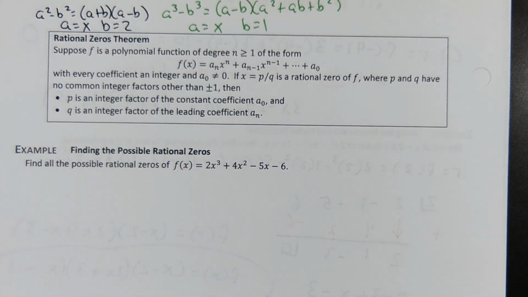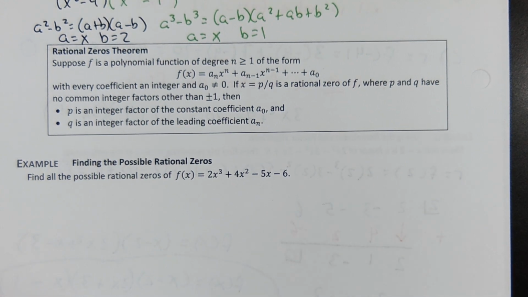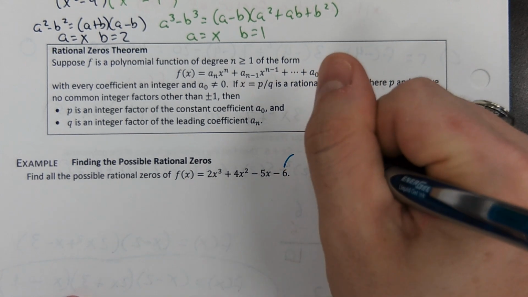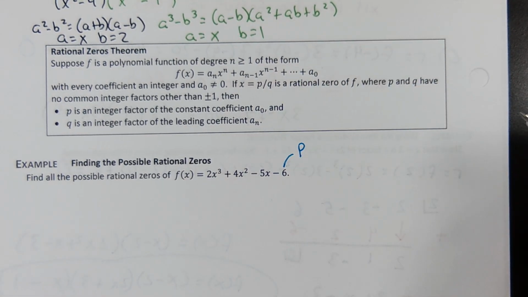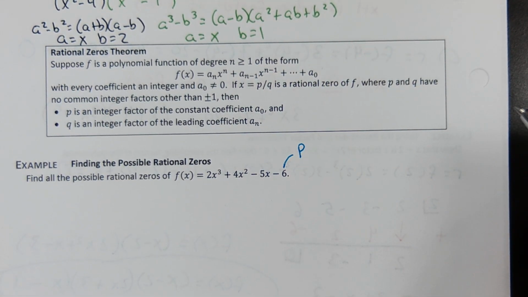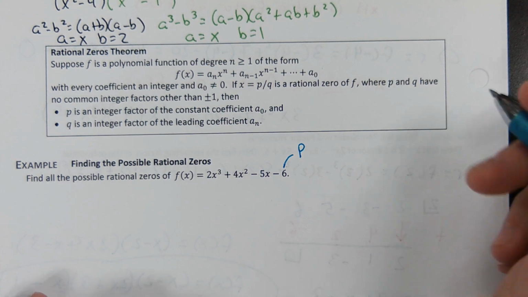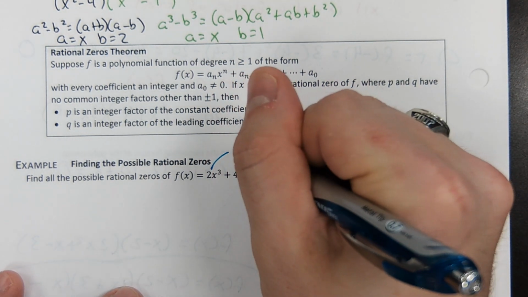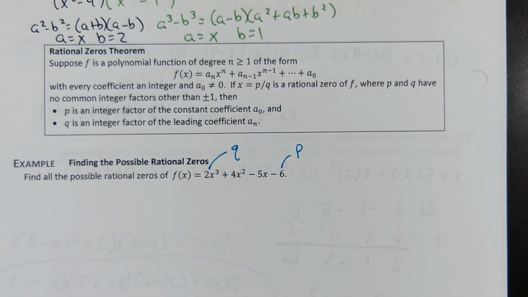We call it the P over Q test, where P is all of the factors of the number at the end, positive or negative, and Q is all of the factors of the number on the front, positive or negative.